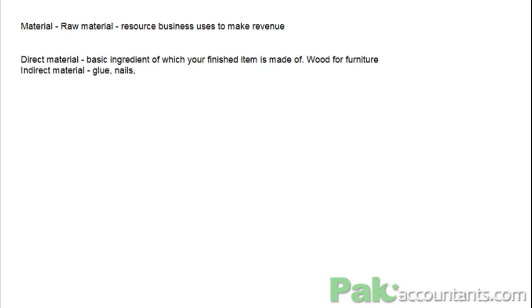Now, as the wood will be going only in the cutting department, whatever consumption of wood is happening, it can be directly allocated into cutting department. So any resource that you can allocate directly to a cost center or a department, in other words, that is your direct material.